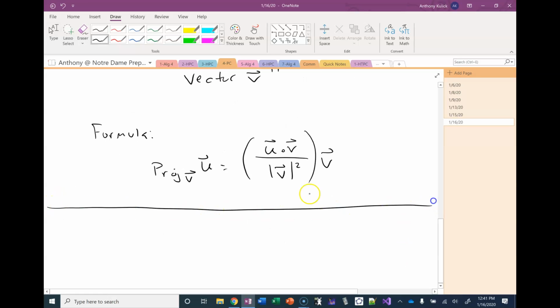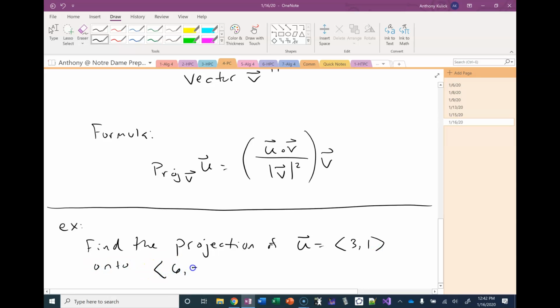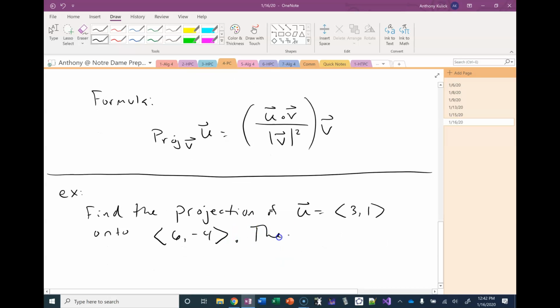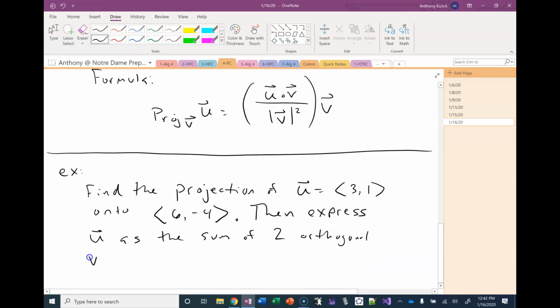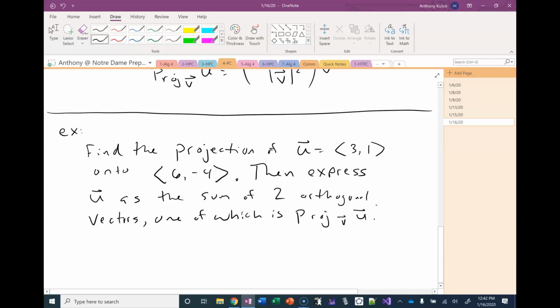So let's do an example with some numbers in it here. We're going to find the projection of u onto v.